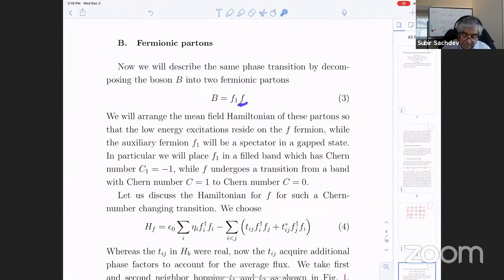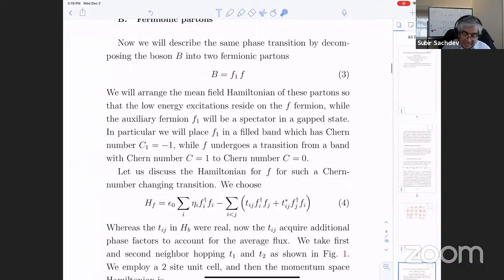And then for the Fc fermion, we have to have a phase transition. So we're going to also put it in some band, but we're going to have it undergo a phase transition. And what phase transition will it undergo? It'll undergo a phase transition which changes its Chern number. So there's one phase in which the Chern number of fermion Fc is 1, and another phase in which it is 0. So that's our phase transition.